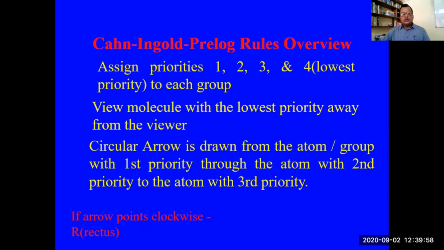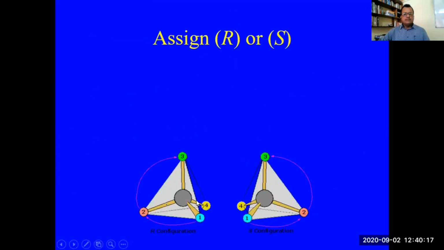Then if the sequence 1, 2, 3 is clockwise, we assign configuration R. R stands for rectus. And if the sequence 1, 2, 3 is anti-clockwise, then the configuration is assigned S. S means sinister. So this is the simple thing.